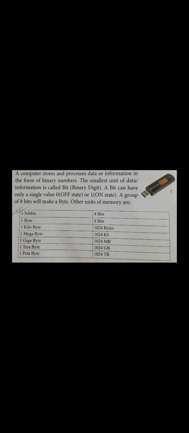So 1 KB means 1024 bytes, and 1 megabyte means 1024 KB. That's why we can measure our data or information with the help of these units. So this is called units of memory of a computer.